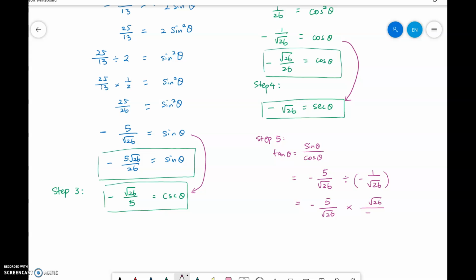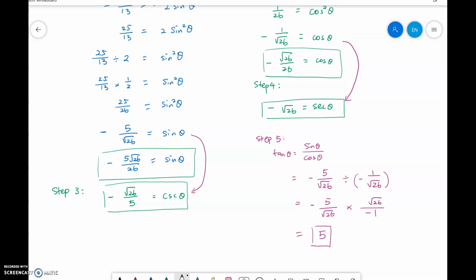Square root 26, negative 1. Simplifying, I got 5. The reason for using the pre-rationalized version is that it's easier to work with.